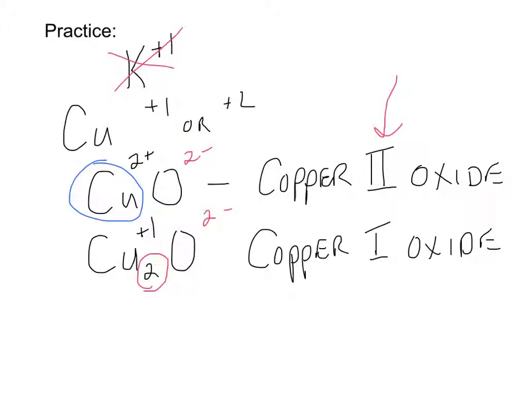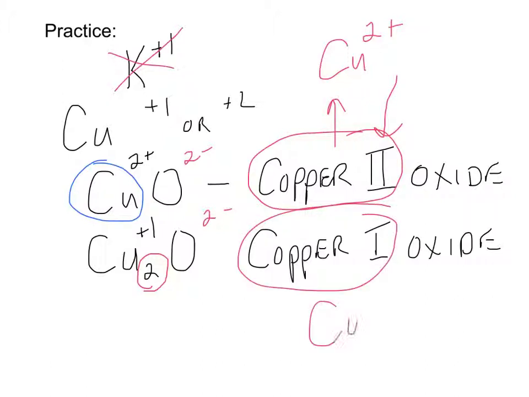It's kind of tricky, but it's not if you pay attention: this one is telling me I have copper 2, and this down here is telling me I have copper 1.